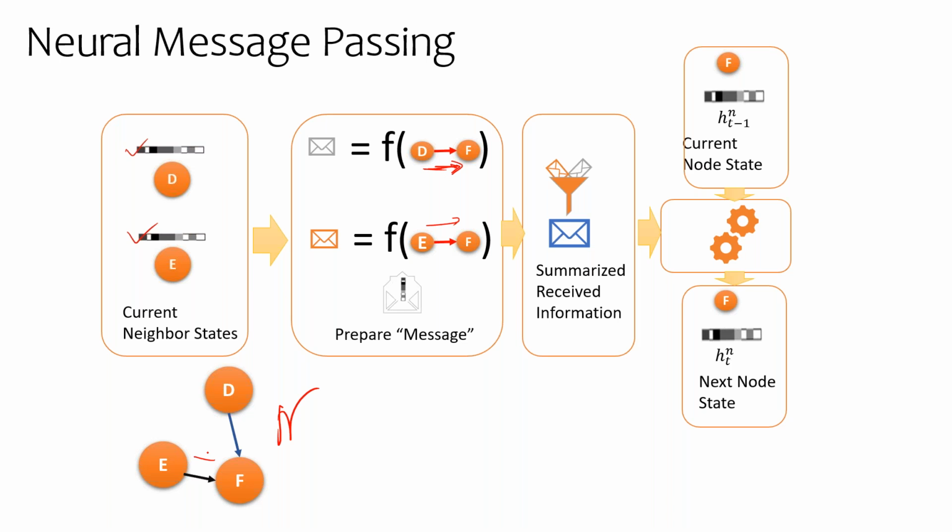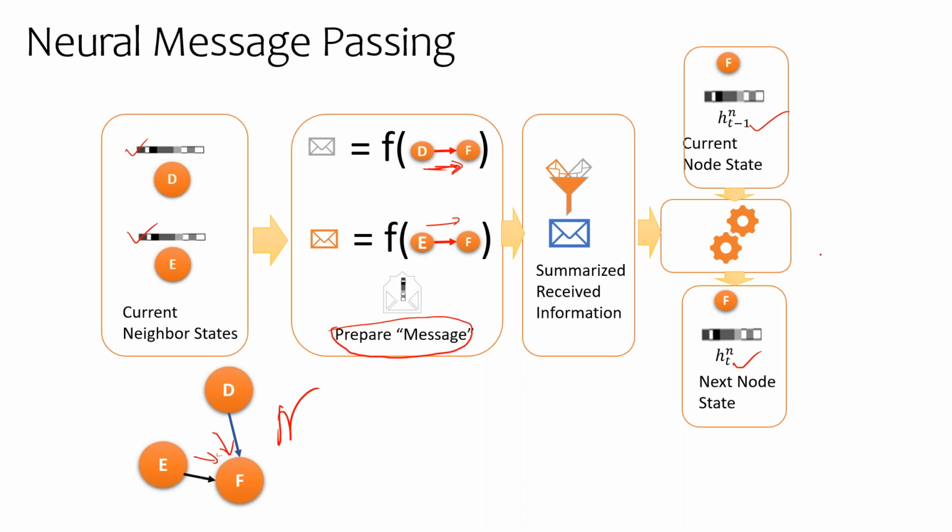So all these messages are directed here, and you prepare a message from both of these nodes. That goes to a filter where we summarize and receive the information from these two nodes, the context basically, in NLP terms. This information again passes into an engine where we take the current node state h at t minus 1, and we predict the next node state h at t, right?